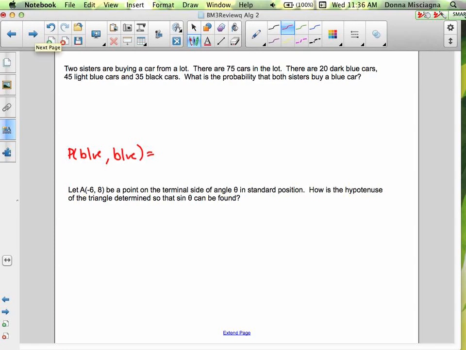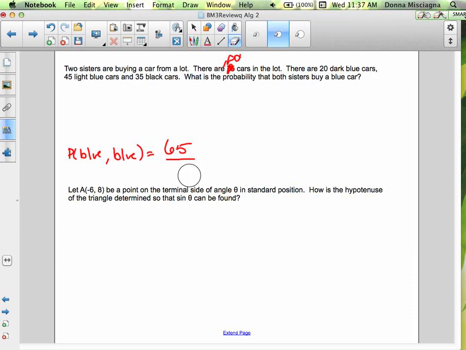All right, so the first sister has 45 plus 20, they've got 65 blue cars out of the 75. Whoops, did we misadd? That's too many cars. Oh, I must have thought I had 100 in there. All right, so now it's 100 cars, sorry. So 65 out of 100.